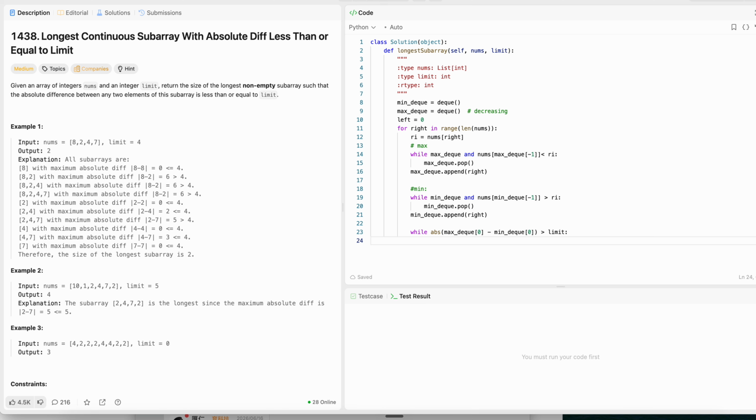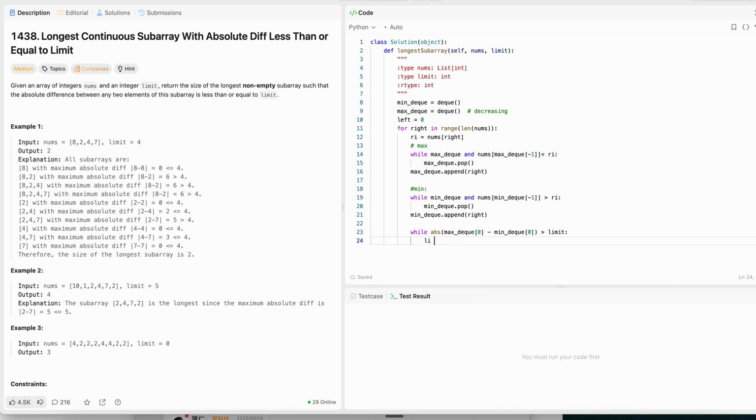So how to shrink? When we shrink, we also need to make sure that we are updating our deque accordingly. So what is the right integer?